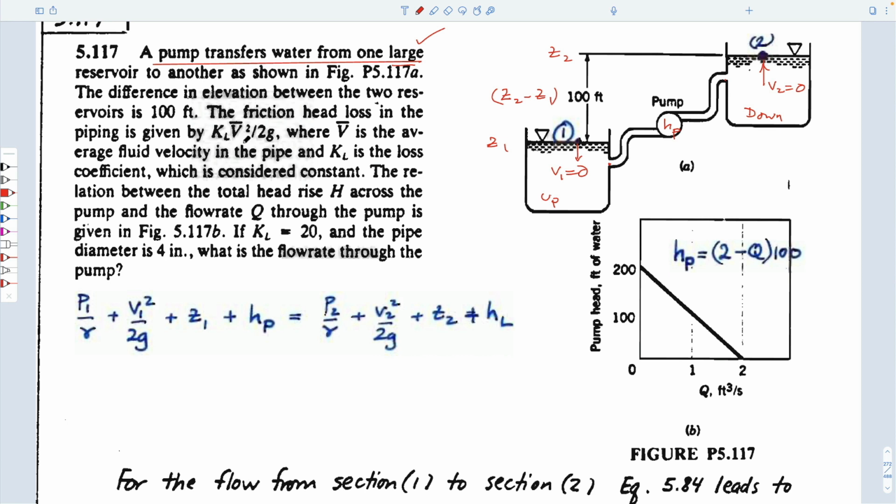Frictional head loss in the piping is given by this term here. So we could write head loss is equal to this coefficient times average V squared over 2g. It's important to realize that this is an average velocity within the pipe. So V bar equals pipe velocity, because obviously V1 and V2 are 0, so the loss would be 0.